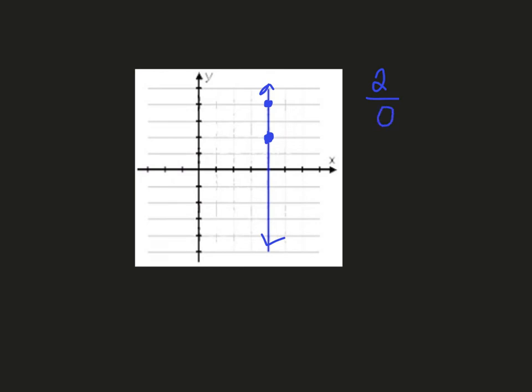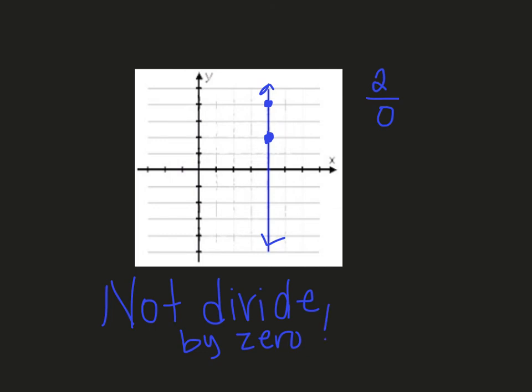That would be 0. Well, you can't divide by 0. It's undefined. I'll tell you why in a second. Undefined. You don't even have to do anything to this one or the one before it, because one is a slope of 0 and this is undefined.